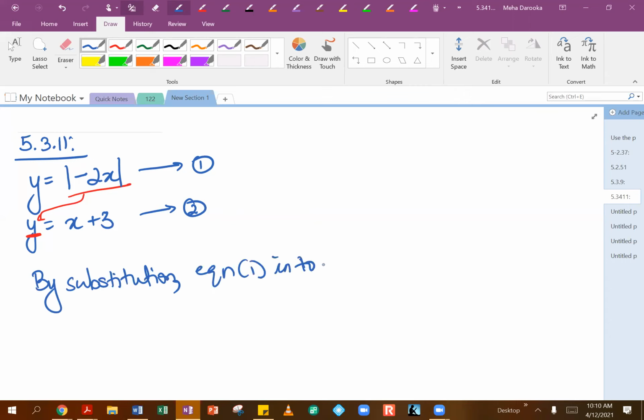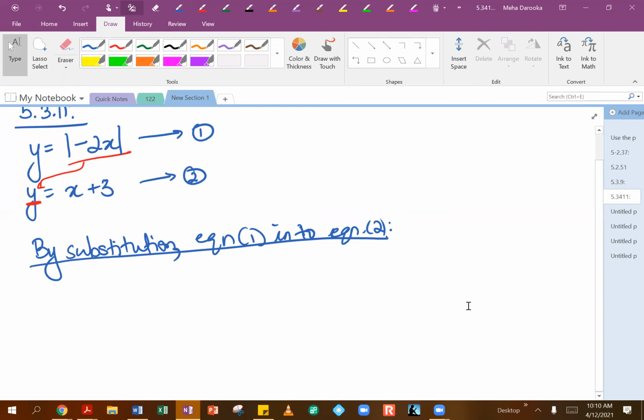So again, we're moving equation 1 into equation 2. That will end up giving us absolute value of negative 2x is equal to x plus 3.